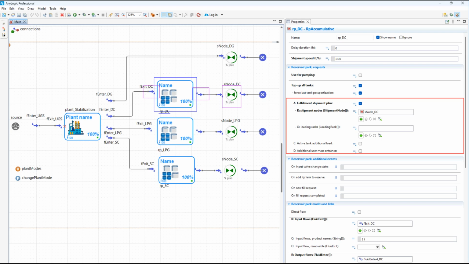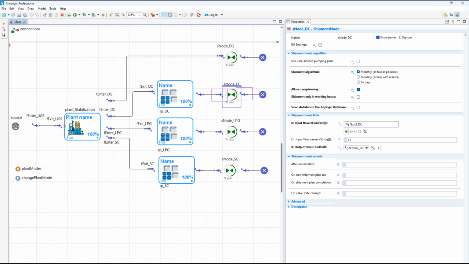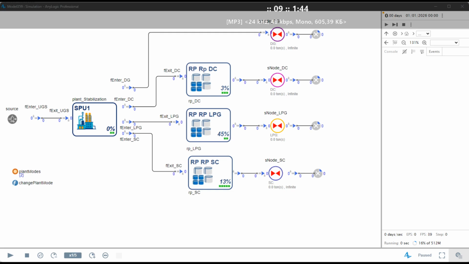In this example, only priority A is active, indicating that the tank farms must be filled to ensure that the current month's shipment targets are met. The product dispatch nodes dynamically monitor plan execution and support different withdrawal strategies, including maximum rate operation, uniform withdrawal, and daily scheduled withdrawal. Let's take a look at how this model operates.